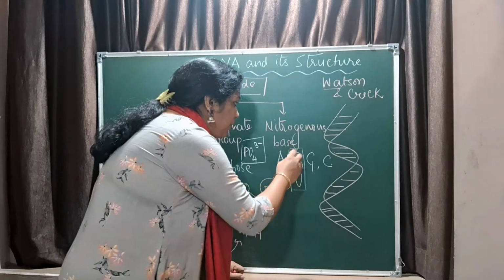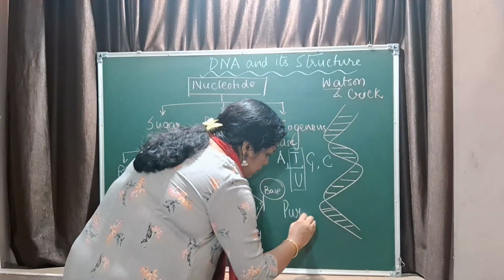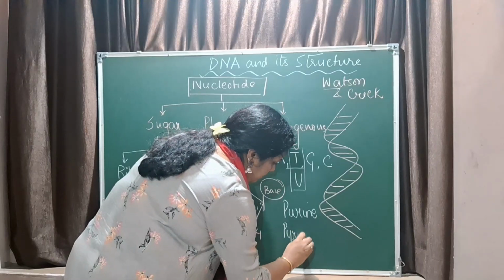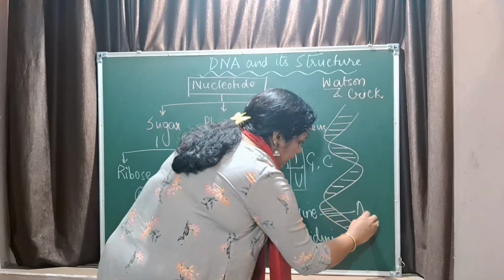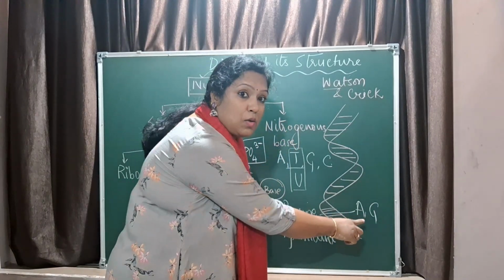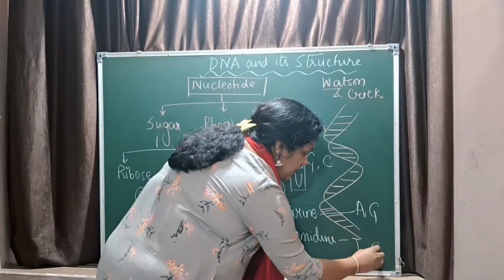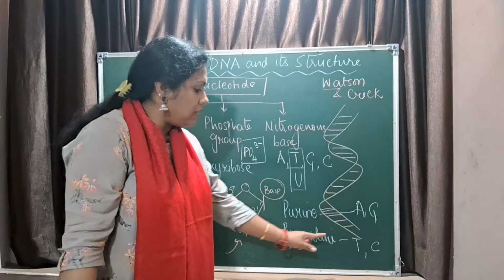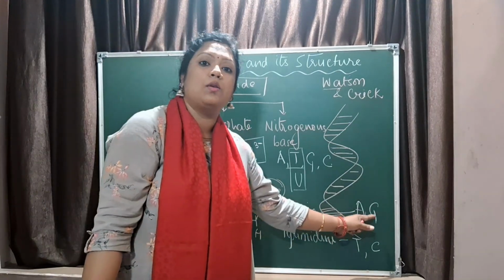There are two types of nitrogenous bases: one is purine and the other is pyrimidine. A and G are the purines, adenine and guanine, and the pyrimidines are thymine and cytosine. All three pyrimidines (thymine, cytosine, uracil) have 'y' in the name, whereas purines are adenine and guanine.